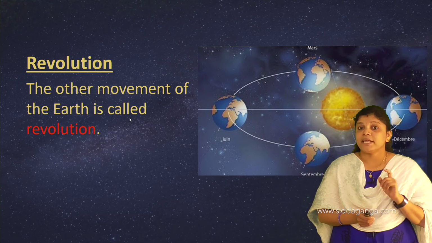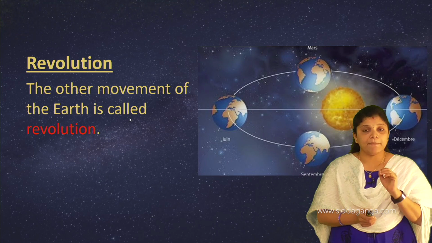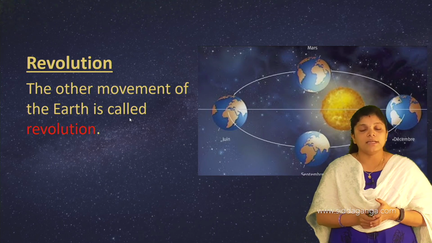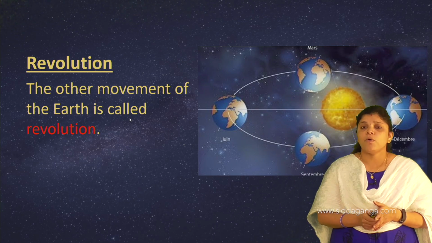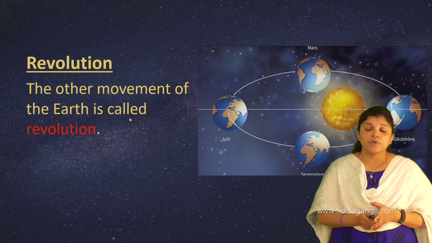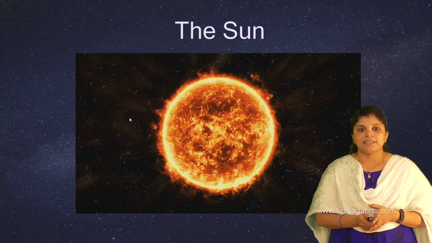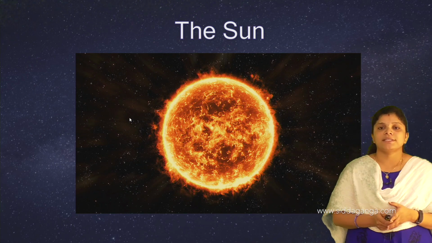Summer season. But the equator, this is the imaginary line that runs around the earth. This part always gets summer season. Okay, this revolution causes what? Seasons. Okay, that's right.